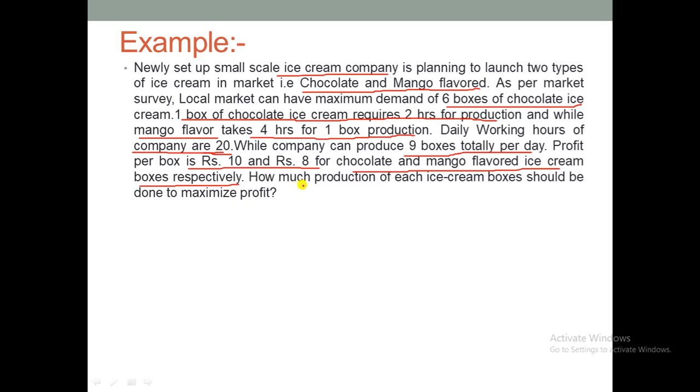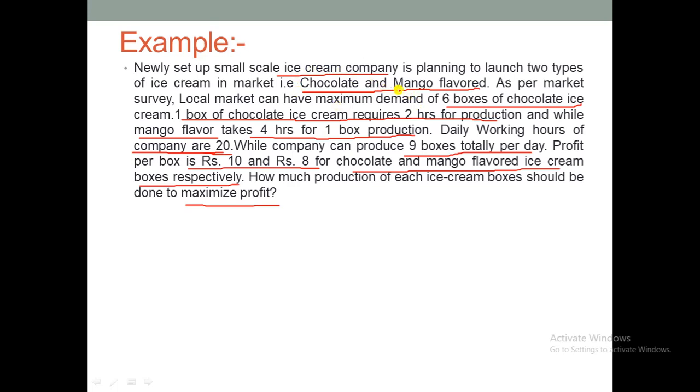Now obviously the question is simple: how much production of each ice cream box should be done to maximize the profit? So the company has a simple question, how much should be the production of chocolate flavored ice cream and mango flavored ice cream. There are going to be different conditions. A company can go for only chocolate flavored ice cream if profit is more.